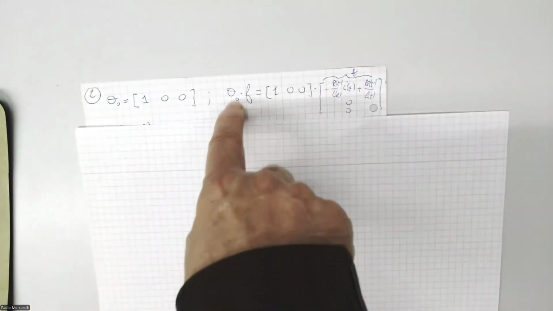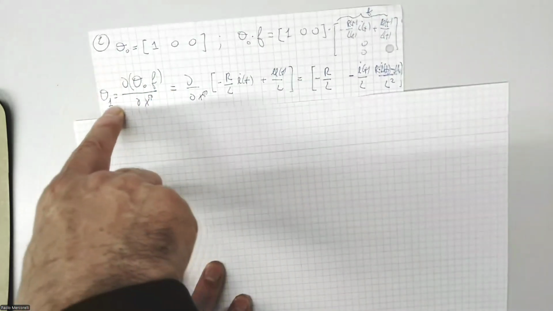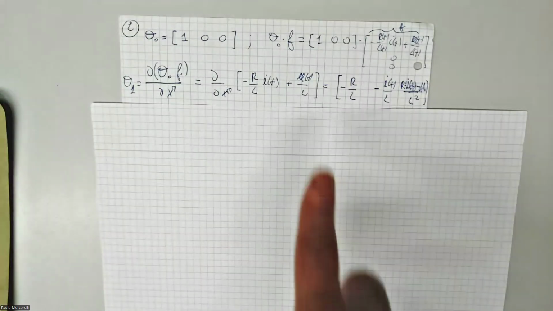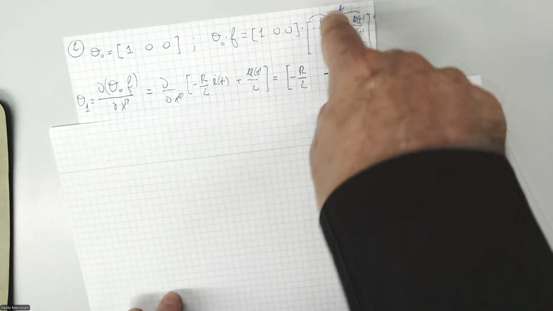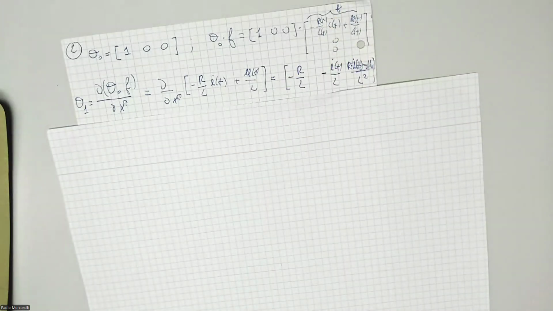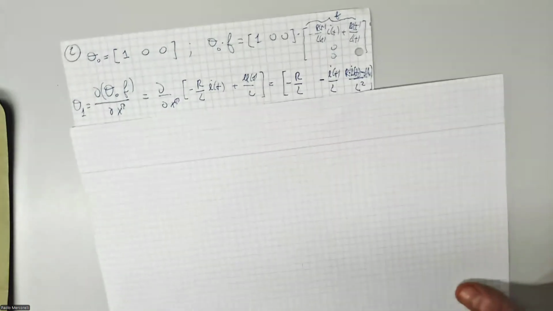What about A0 multiplied by F? We need A0 multiplied by F to build O1. A0 multiplied by F is this vector here multiplied by this column here, which is the field of the nonlinear system. Look, the first component is the first equation.